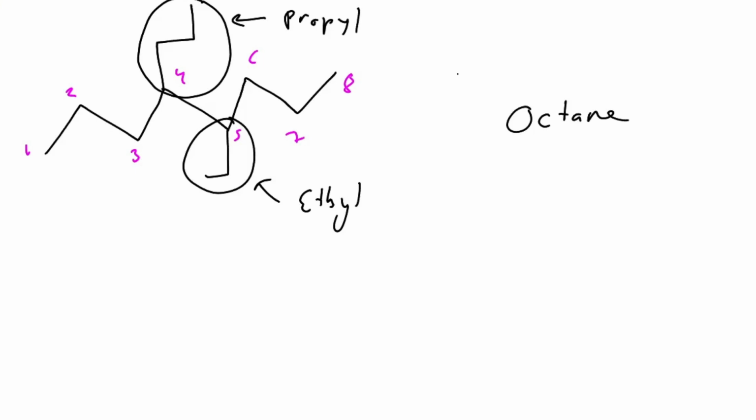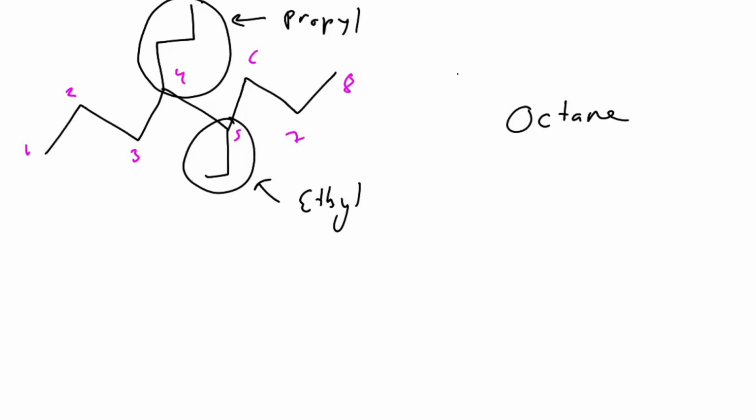But this wouldn't make sense, as it has a higher numeric value given to it. When we're looking at the placement, ethyl's 5 and propyl's 4. That's not really good. We want our ethyl to be 4 and our propyl to be 5. Let's look at how we can make that happen. So instead of counting from left to right, we want to count from right to left.